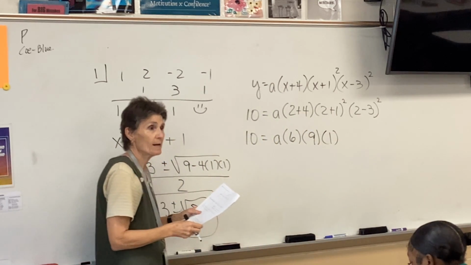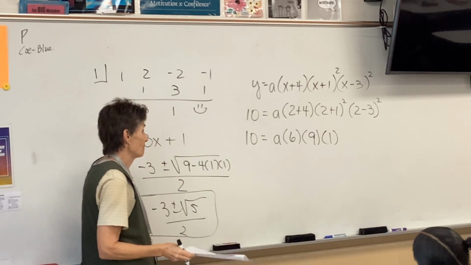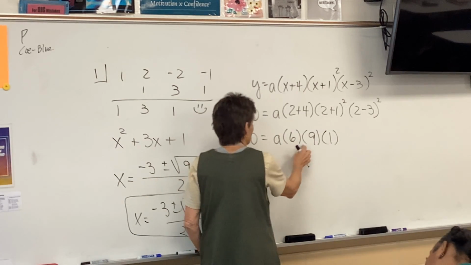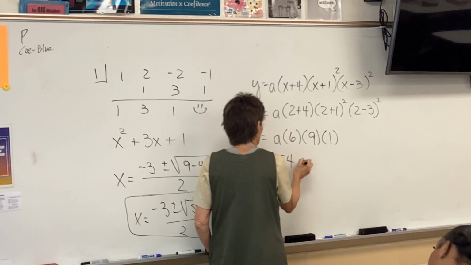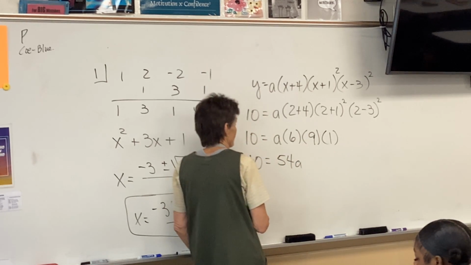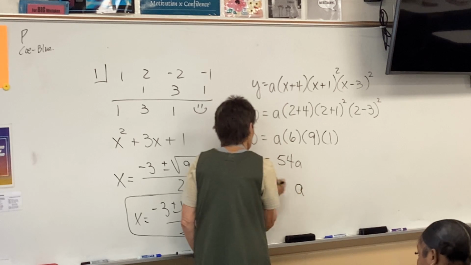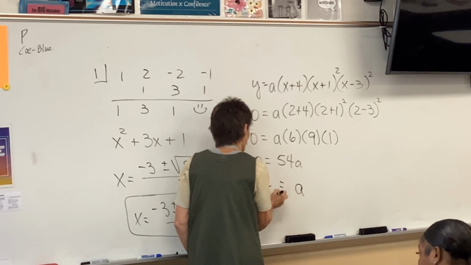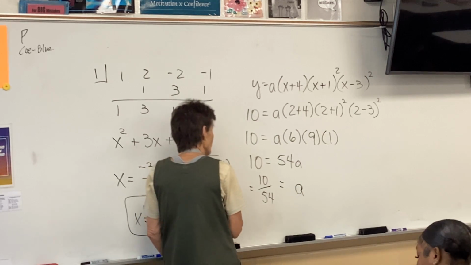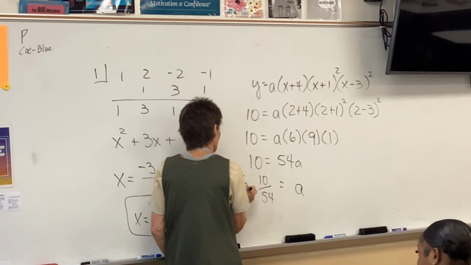We're taking our time. So 10 equals, multiply all these together, 54a. So a is 10 over 54, which divides by 2 to give me 5 over 27.